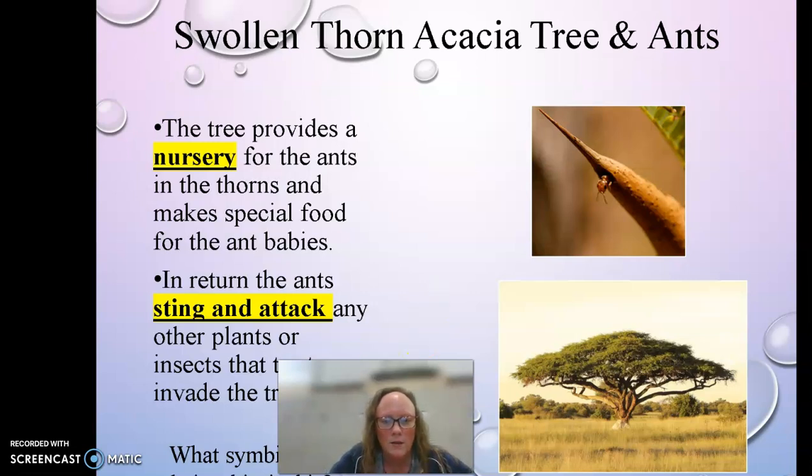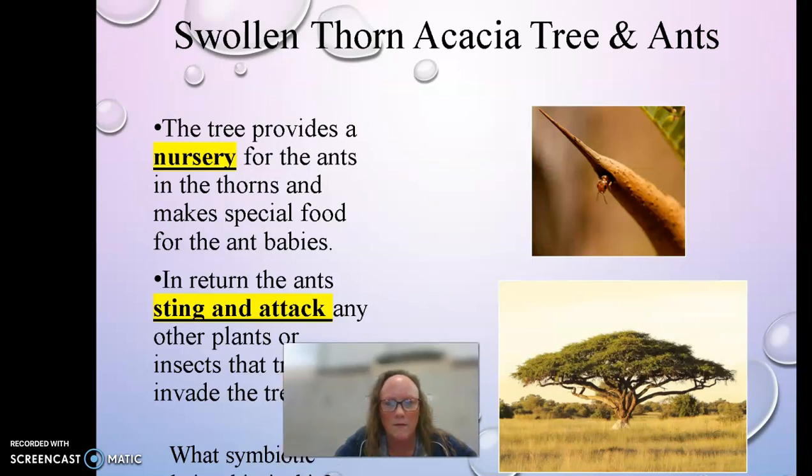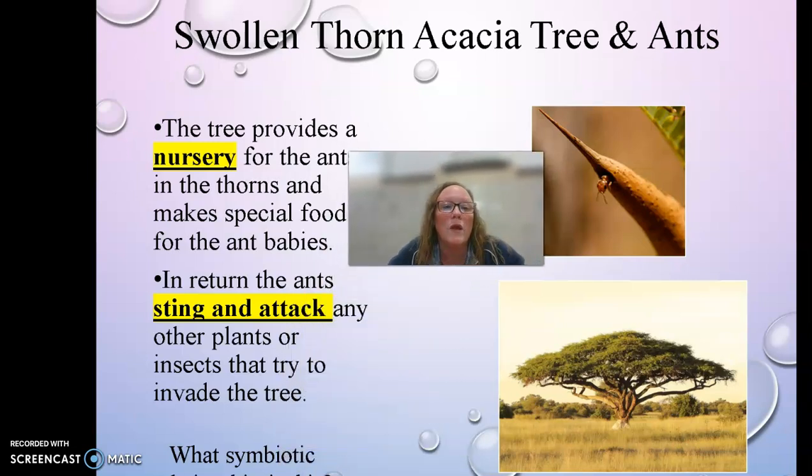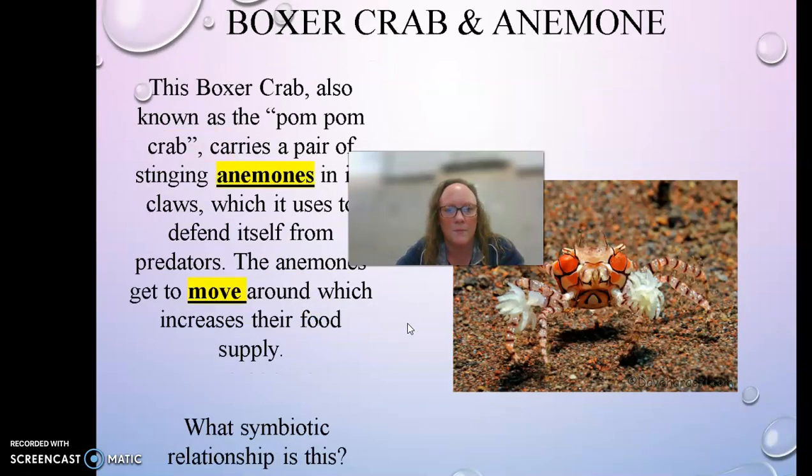So what symbiotic relationship do you believe that this would be? The tree is benefiting, and so is the ants. This would be mutualism. I hope you can see that popped up on the top right there.